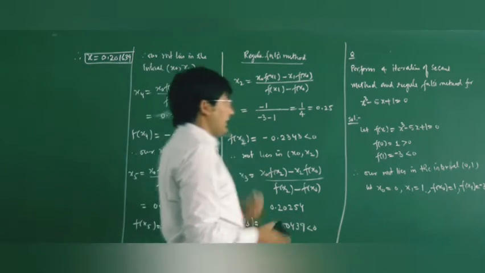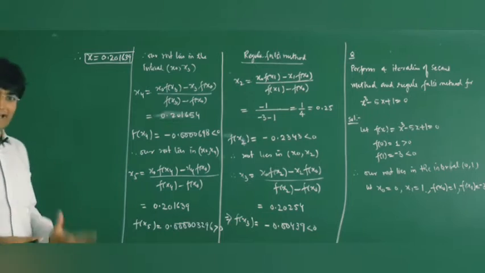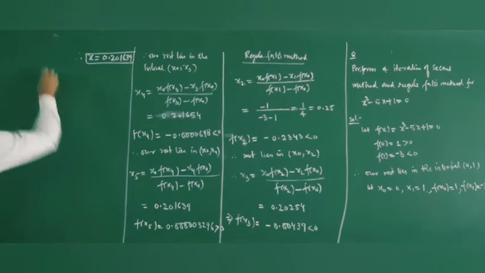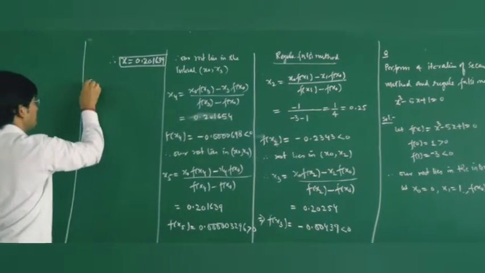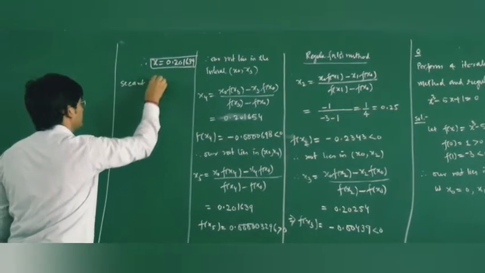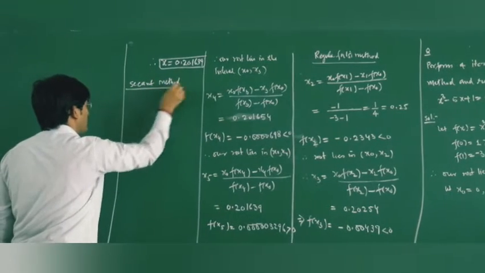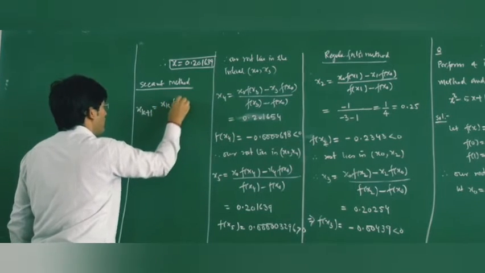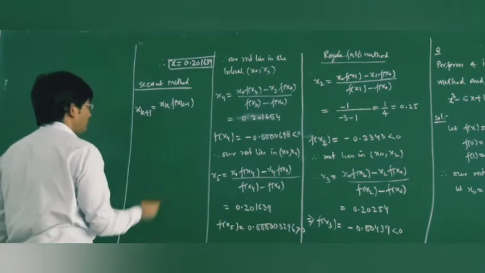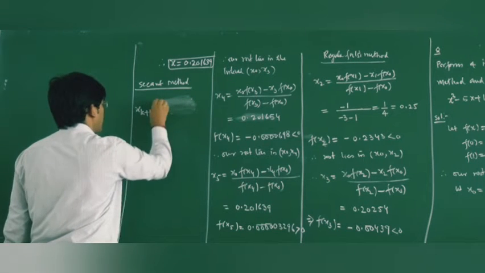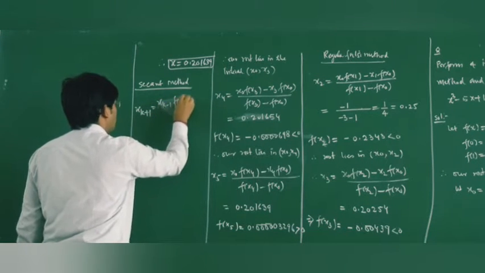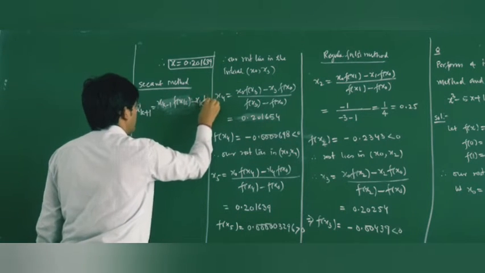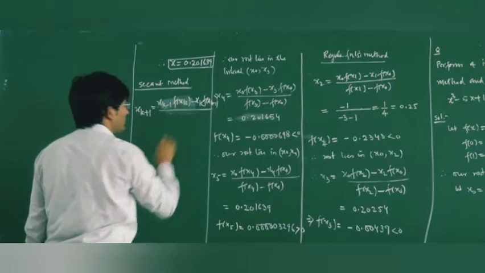Now let us use the second method to find the root of this particular equation. So with the help of the second method, we will use this formula xk plus 1 equal to xk minus 1 f of xk minus xk f of xk minus 1 divided by f of xk minus f of xk minus 1.